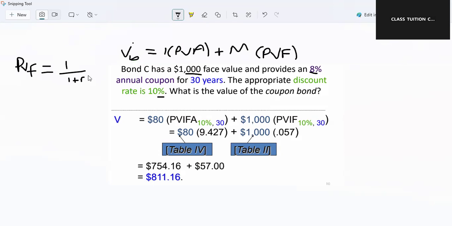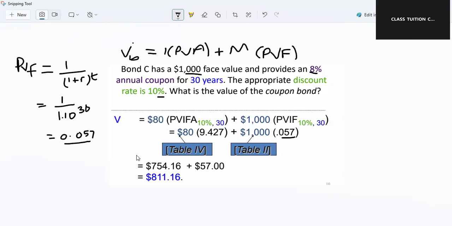What is our R? 10%. And what is our time? 30 years. So 1 over 1.10 to the power 30. What do we get? 0.057. So this is how we find our present value interest factor.